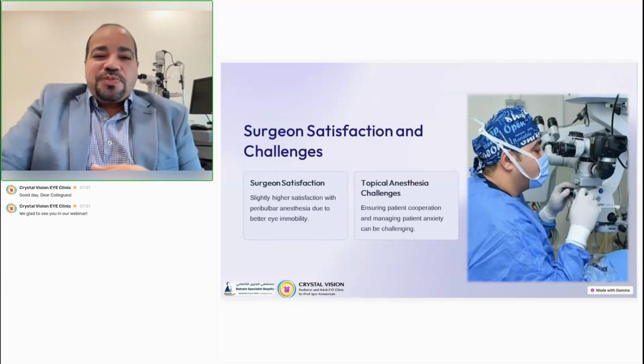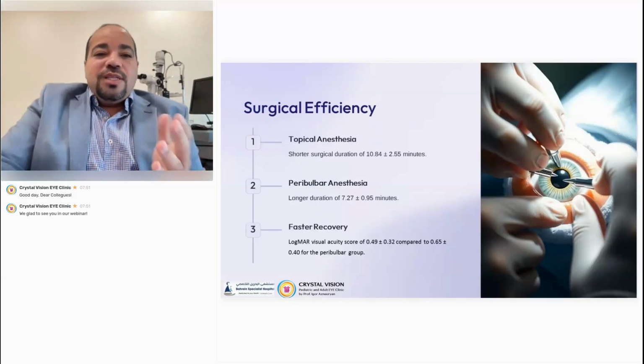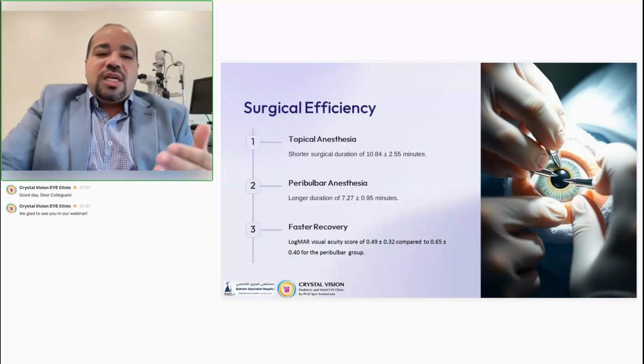However, there is a big difference between topical and local anesthesia in everything related to the results, complications, and everything related to the operation. We are showing this now.